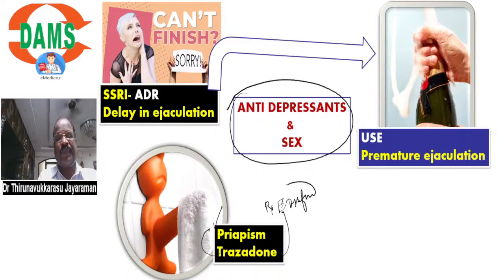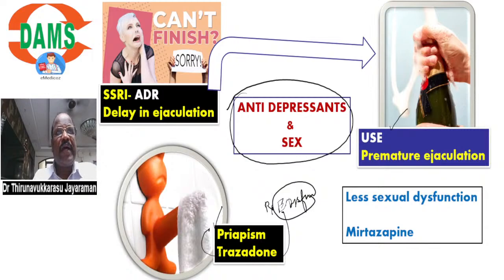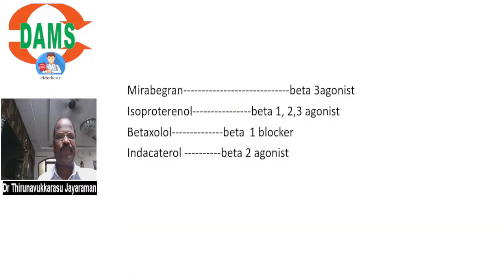Trazodone is also useful for treating SSRI-caused adverse effect of delay in ejaculation, and that property was used for treatment of premature ejaculation. Priapism is the adverse effect of trazodone, and that property is useful for treatment of erectile dysfunction. Among the antidepressants, mirtazapine leads to sexual dysfunction. The same thing was discussed. Okay, so the answer is trazodone. And I think a matching type of question also came.